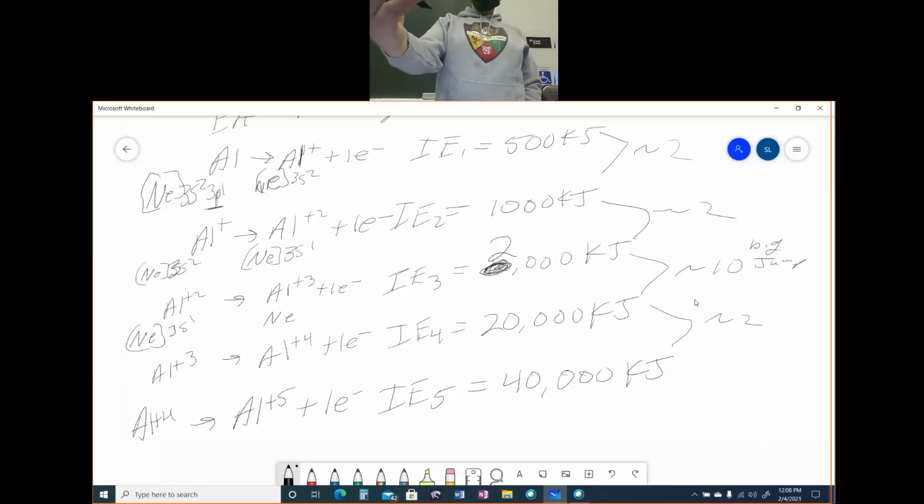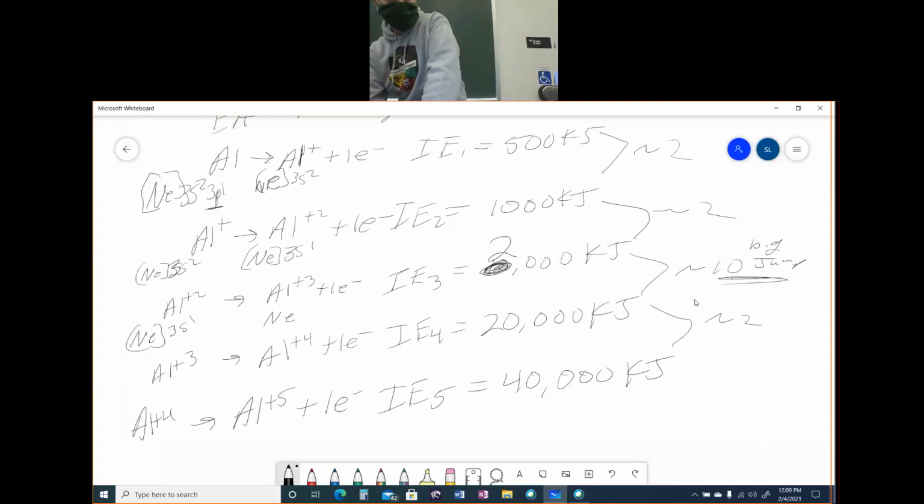So when you go from 1 to 2, a normal jump is about a factor of 2. The reason you get a large factor between ionization energy 3 and 4 is because here is your electron configuration of the noble gas neon. It wants to stay as the electron configuration of the noble gas neon.